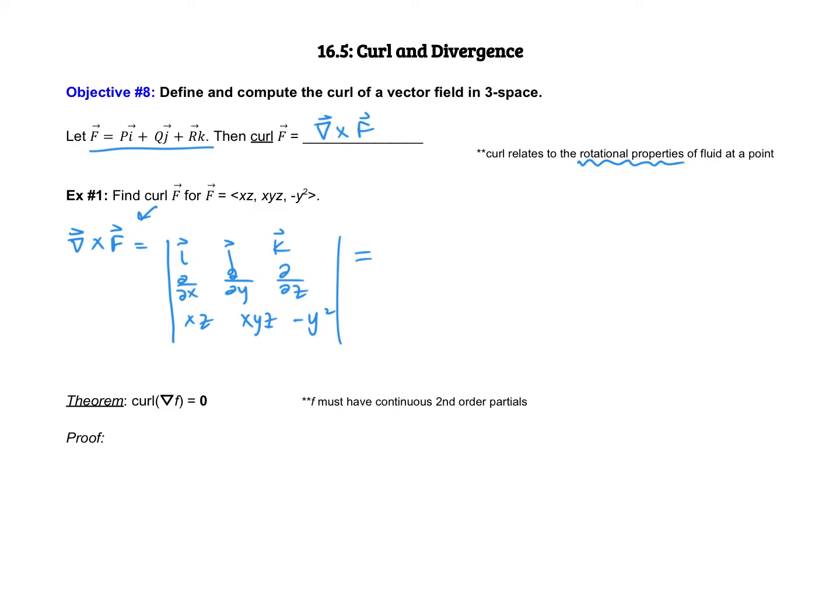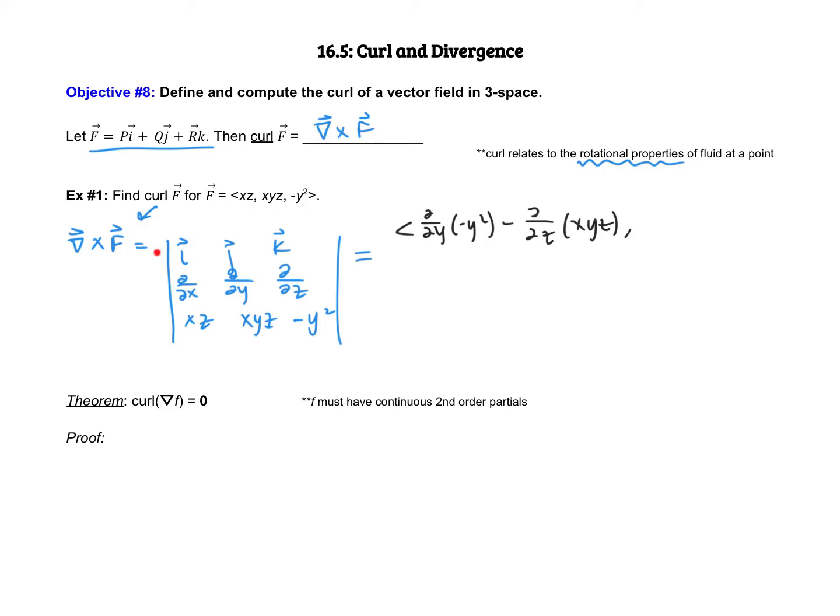I'm going to do a quick review of how to find the determinant because I would venture to guess that some of us have forgotten. We're going to start by ignoring the first row, first column. So we have this little matrix here and we're going to find its determinant. We multiply the diagonal and subtract the diagonal going the other way. So we take the partial with respect to y of negative y squared, and subtract the partial with respect to z of xyz.